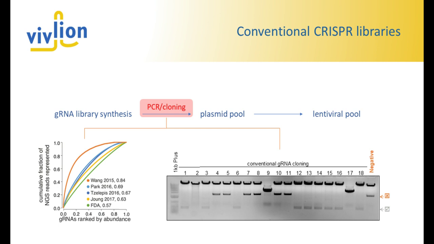This is demonstrated by the lower band after restriction digest, while several clones, for example in lane 2, lane 9, or even lane 17, showed complete artifacts, which are due to the cloning procedure. Those will always be in your plasmid pool and may or may not generate virus and thereby affect your library. So there are some caveats to using PCR and conventional cloning, and I would like to share with you a protocol that we have come up with that completely circumvents the need for PCR and cloning.